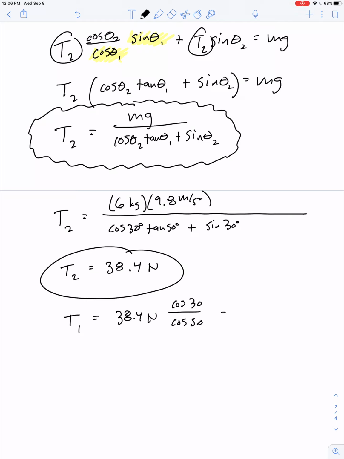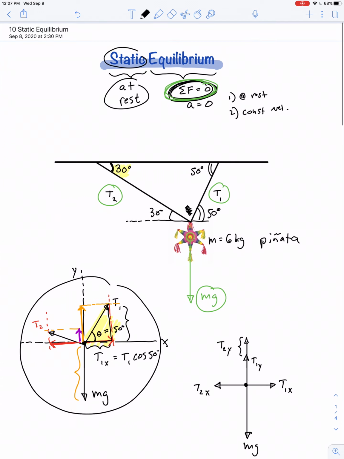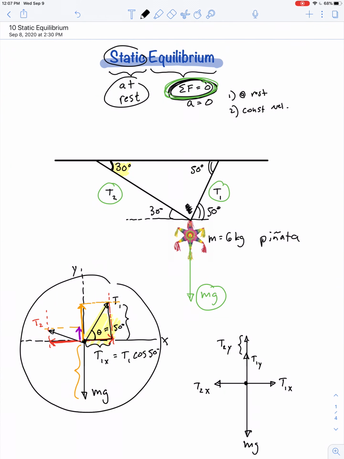And we get tension number 1 is equal to 51.7 newtons. Now, does that make sense that tension 1 would be greater than tension number 2? I think so. Sort of, what's your instinct on this one?